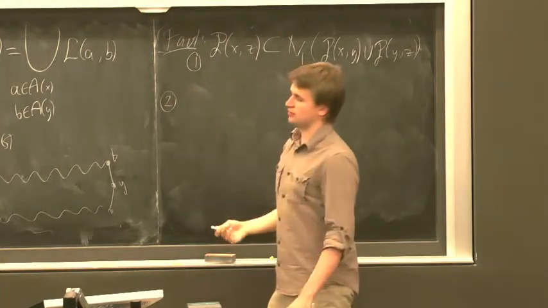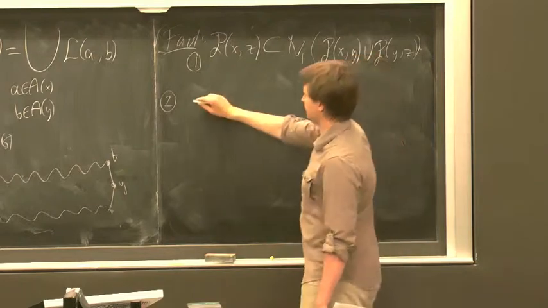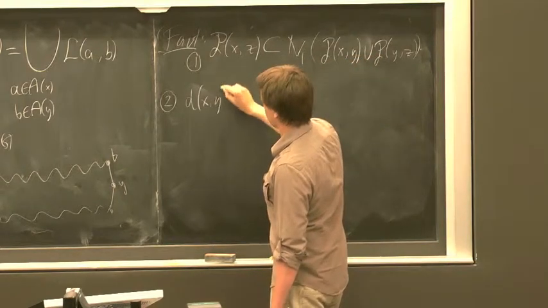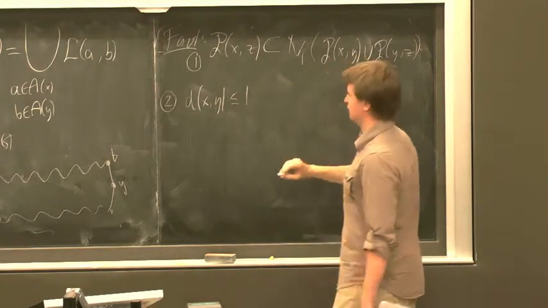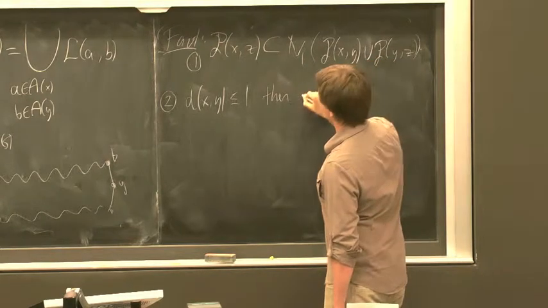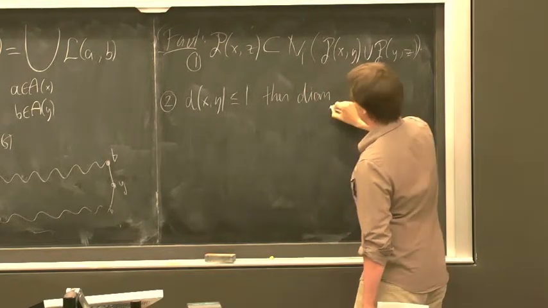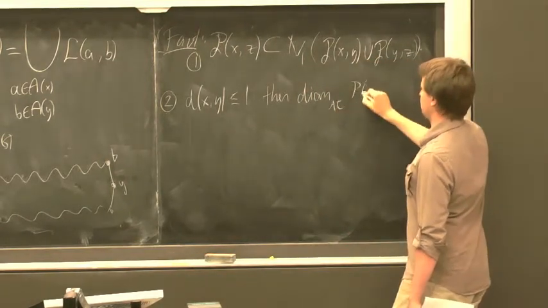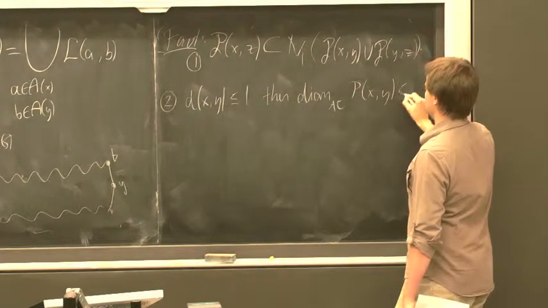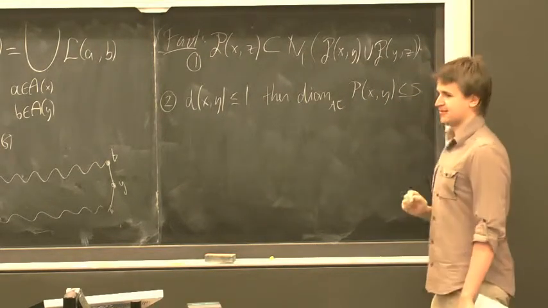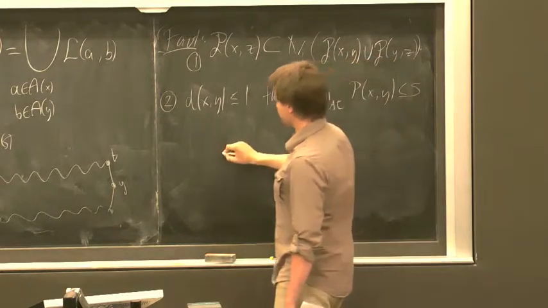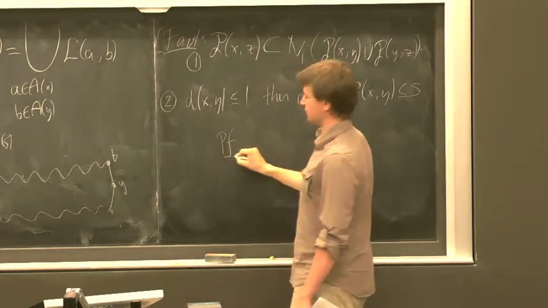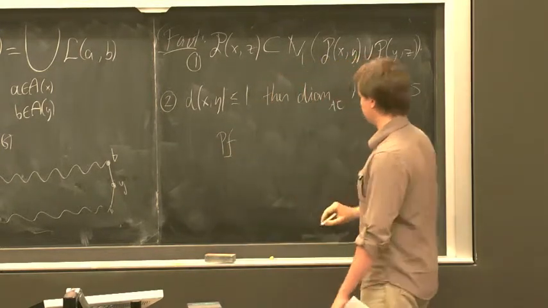Fact 2, bounded diameter: if x and y are adjacent, then the diameter in the arc and curve graph of P of x y is at most 5. Let's just prove that fact right now.